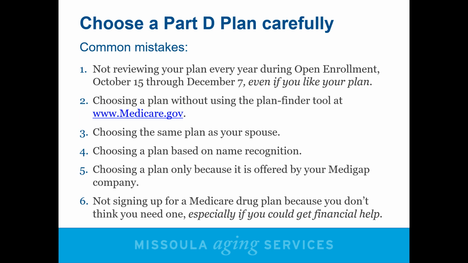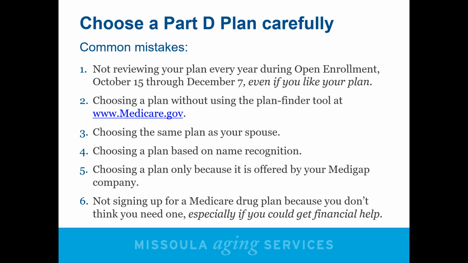Choose a Part D plan carefully. So here are the common mistakes that we see all the time with Medicare Part D. The first one, not reviewing your plan every year during open enrollment, even if you like your current plan. The second one, choosing a plan without using the plan finder tool at Medicare.gov. So these are some other ways people choose plans that are just really not good, and those are choosing the same plan as your spouse.